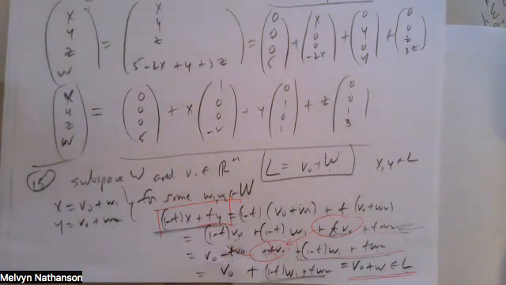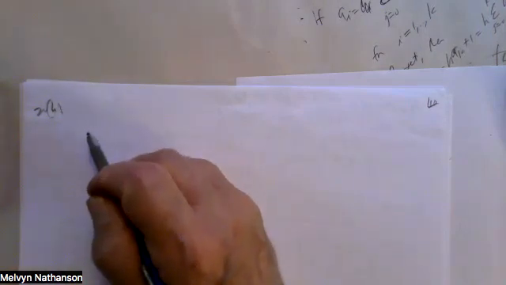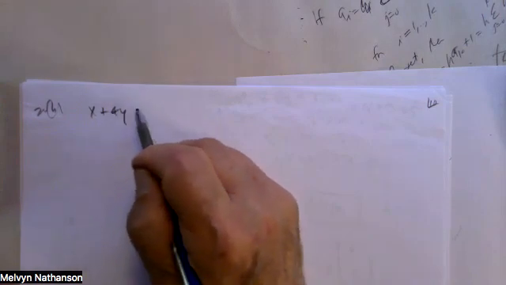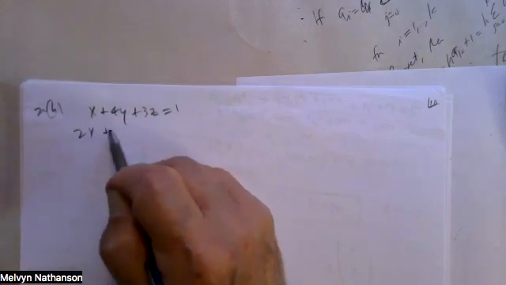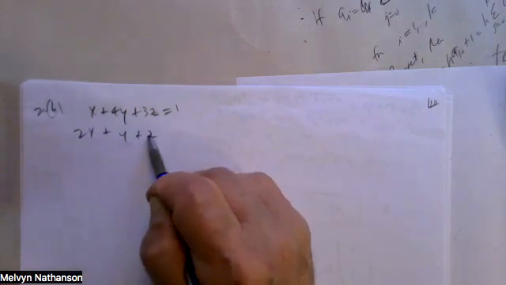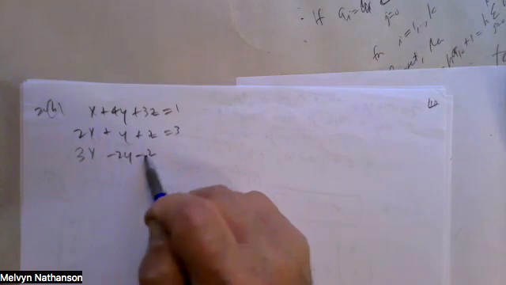Okay, 20B. So we have 3 equations and 3 unknowns. x plus 4y plus 3z equals 1. 2x plus y plus z equals 3. And 3x minus 2y minus z equals 4.